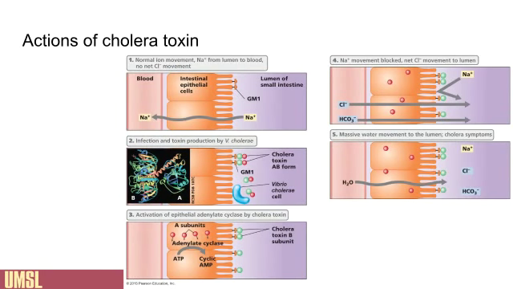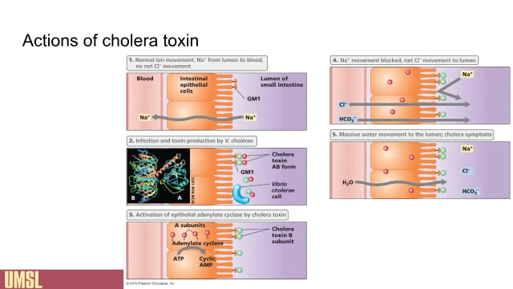But again, there's binding, we take this stuff up. This active subunit ends up out in the cytoplasm, and basically this takes the brakes off of any control we have over production of cyclic AMP in these cells.